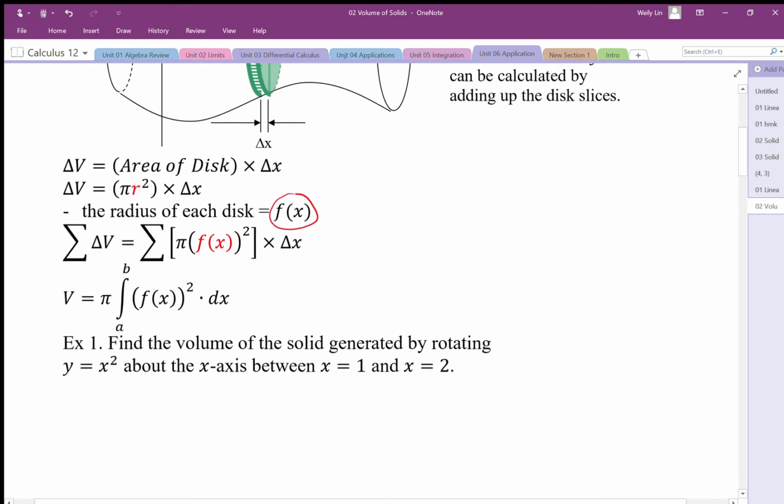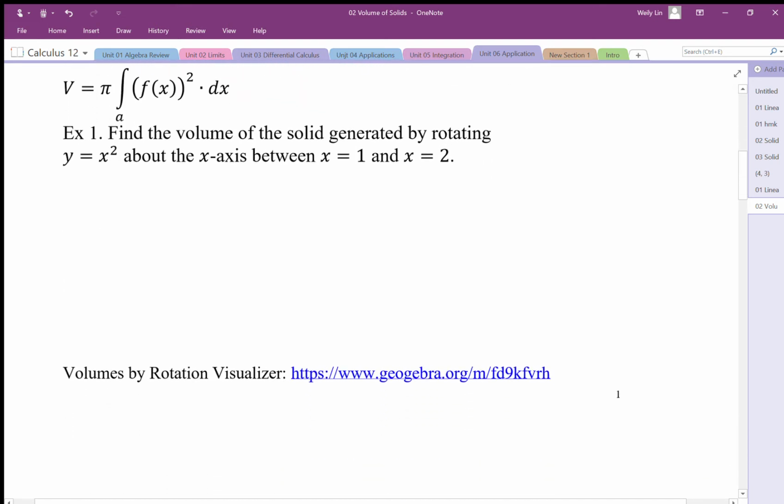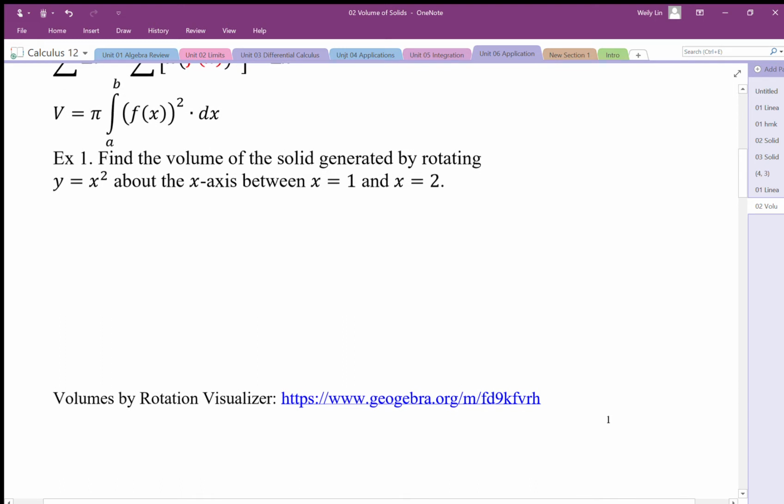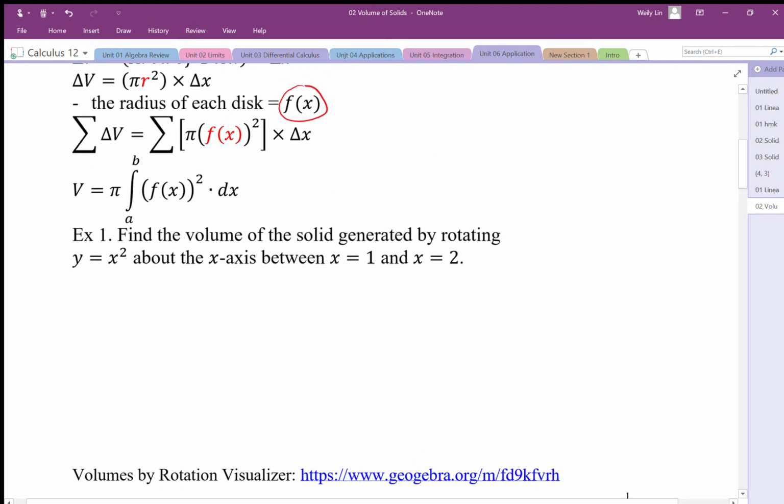Well, let's try one here. We're going to take this graph, y equals x squared, and between x equals 1 and x equals 2, I'm going to get this area here. I'm going to take that area and rotate it around the x-axis, generating this shape.